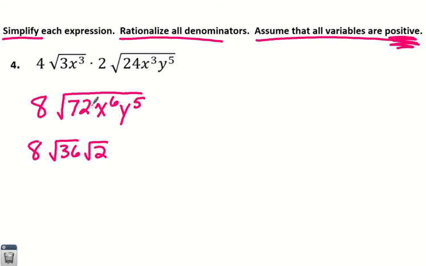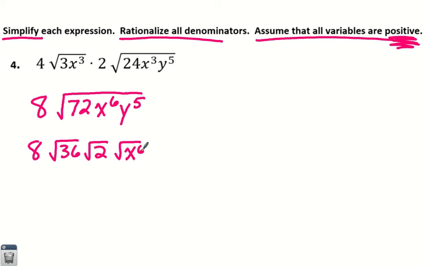So to slow down here a second, root 72 I rewrote as root 36 times root 2, because I can do that one. And as far as x to the sixth, the square root of x to the sixth, do I need to break that up at all? No. I think I'm just going to be able to do that.